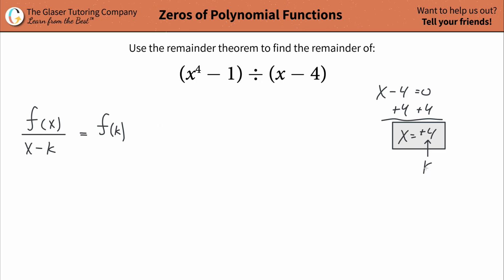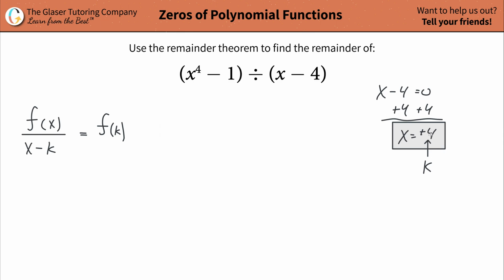This method works nicely because if you have a coefficient like 2x minus 4, you can still do this and still use the remainder theorem. But you're going to be led astray, in my opinion, if you're just looking at the model. We can manipulate it that way, but it's so much easier this way.